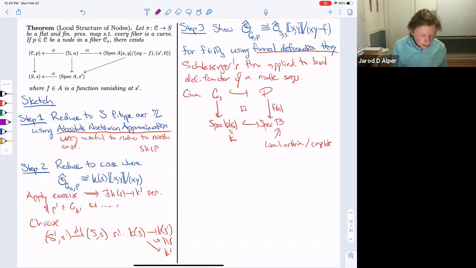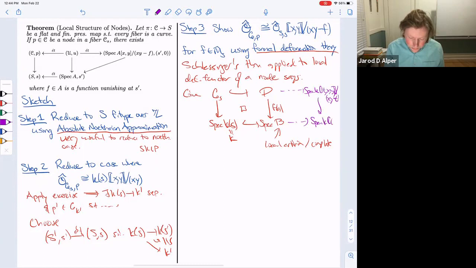Given that, Schlesinger's theorem implies that this is a pullback of the family Spec k[[T]][x,y]/(xy − T), of this family of curves with nodes.